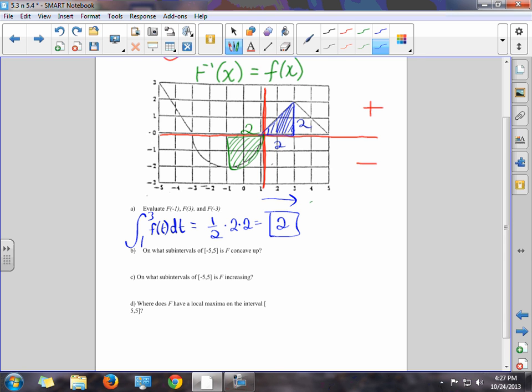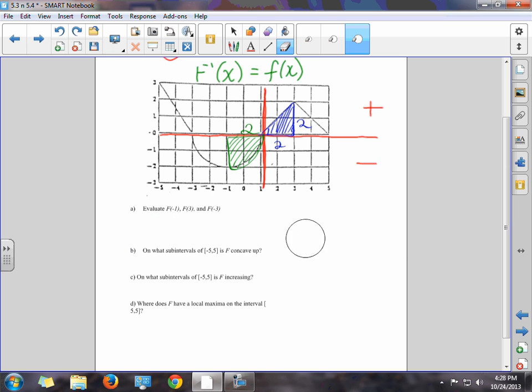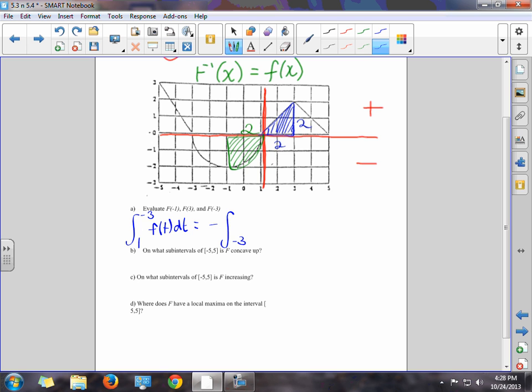So let's try the last one. This is now the integral from 1 to -3 of f of t dt. Once again, I have to flip my limits of integration, so my lower limit is on the bottom. Then I want to look at this area, which goes from 1 to -3.